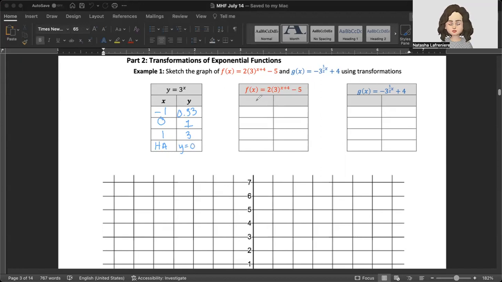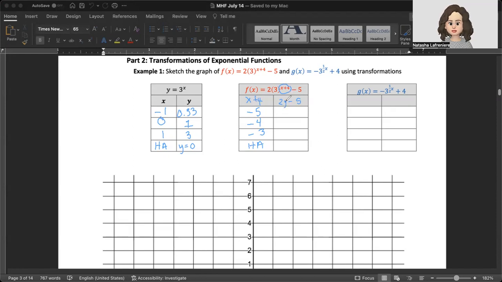Okay, we're gonna do the same thing here. So what you're gonna do is 2 times 3 to the exponent x, minus 5. Okay, so if your exponent is -5, so that's just taking into account all of this. Your horizontal asymptote, okay, this is supposed to be a plus.